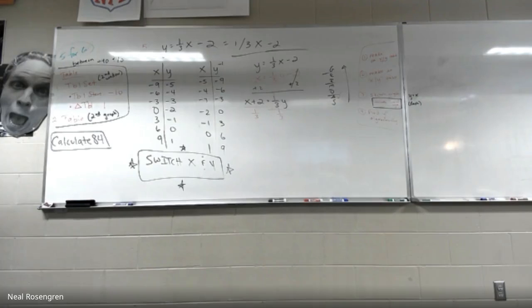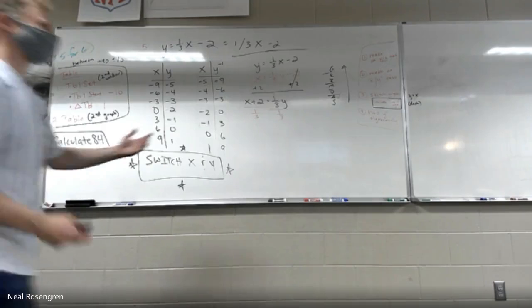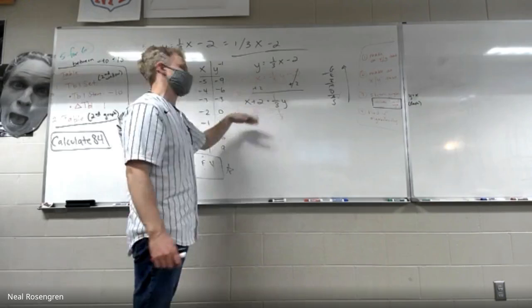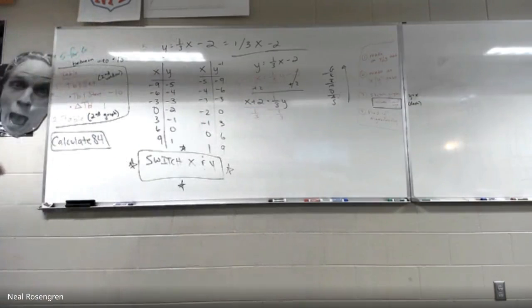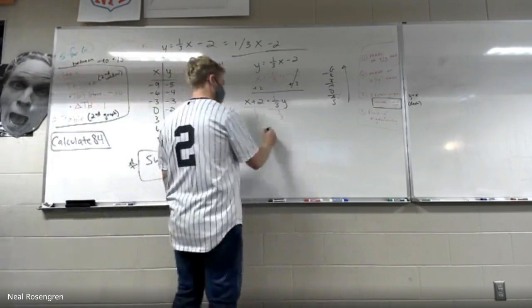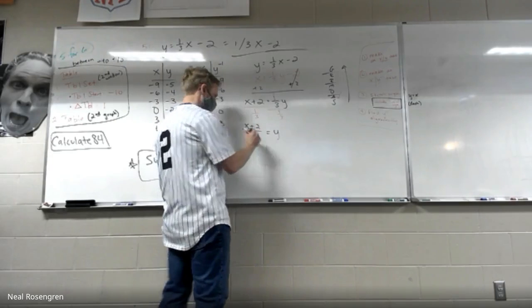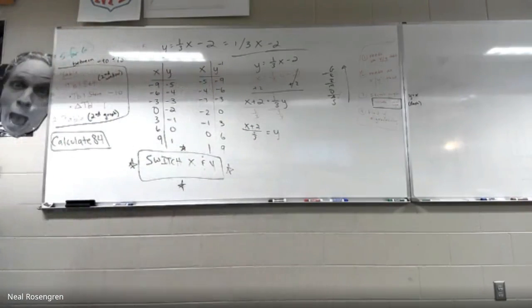But you might feel a little unnerved at the fact that there's a fraction buried within another fraction, and you're right. I don't like it either. It's got a name. It's called a complex fraction, and we don't like it. We try to avoid them at all costs. And so as nice as this is, y equals x plus 2 over 1/3, fine, that's not wrong, you're not going to lose points there.